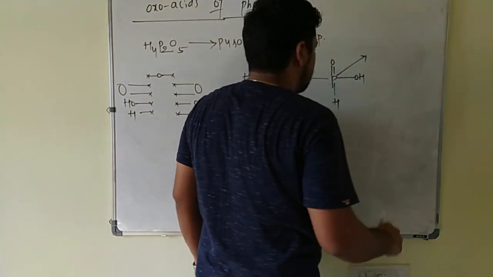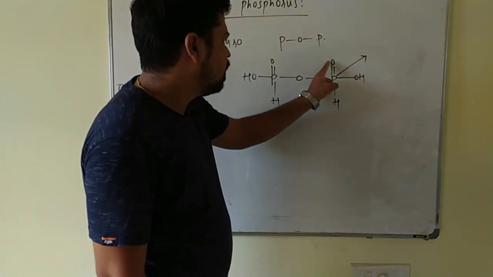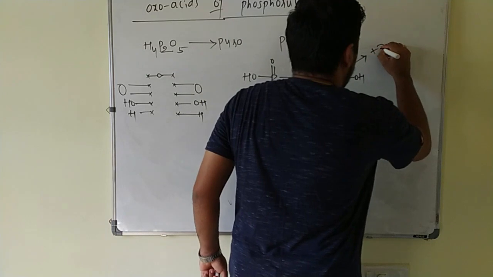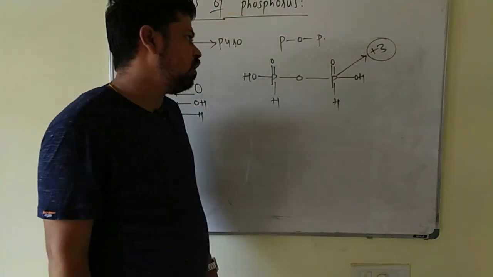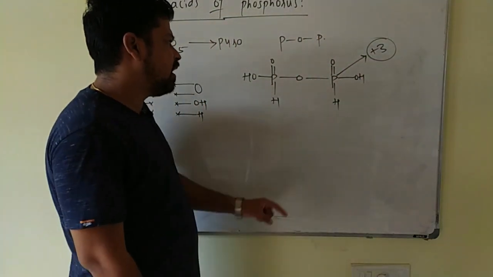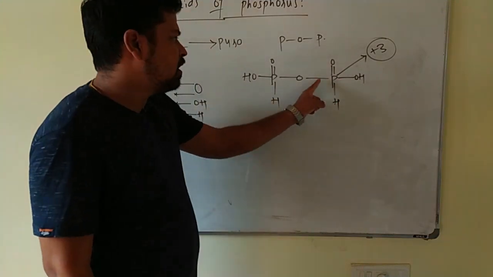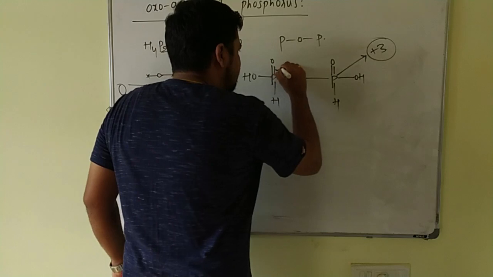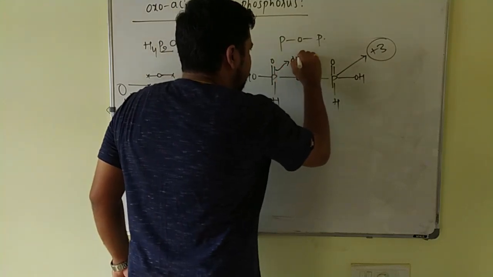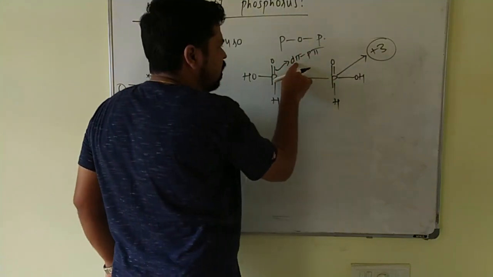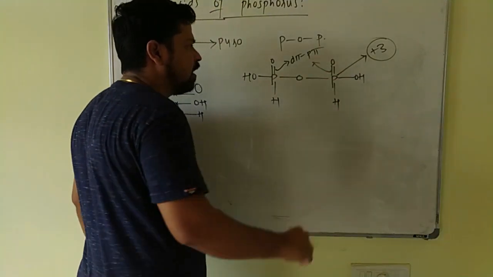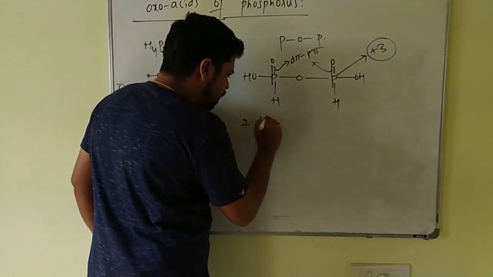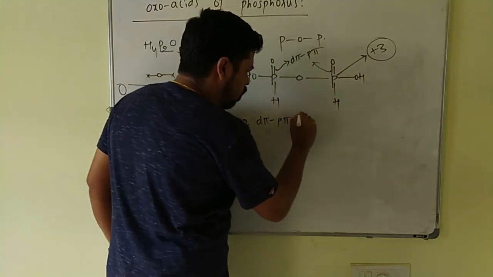This is plus 2, plus 3, plus 4, and this is plus 3 again. So the oxidation state is plus 3 here. And the hybridization is again sp3, because it is forming 4 sigma bonds. You can concentrate here. It has 2 P=O bonds, this also P=O, and this also P=O. So this acid has 2 P=O bonds.